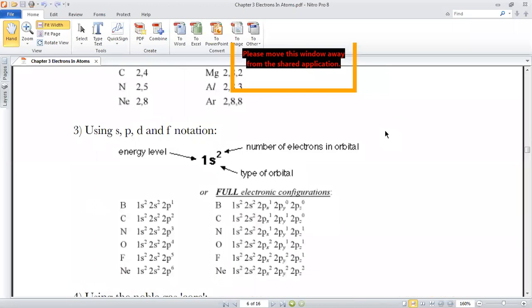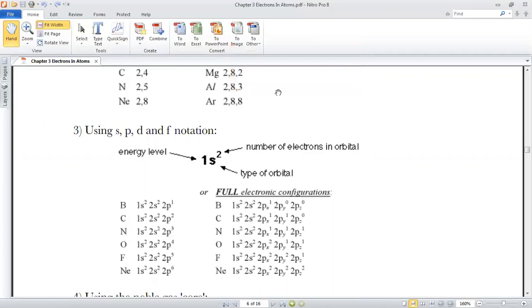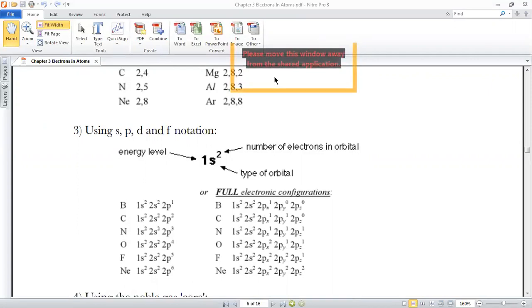So 2 electrons will go in the lowest energy subshell 1s2, then 2 electrons will go to 2s2, then the next higher energy subshell is 2p, and 2p will have only 1 electron. So boron has 1s2, 2s2, 2p1 electronic configuration.